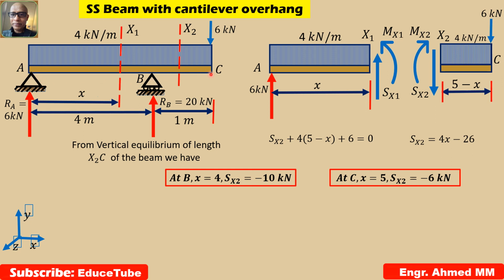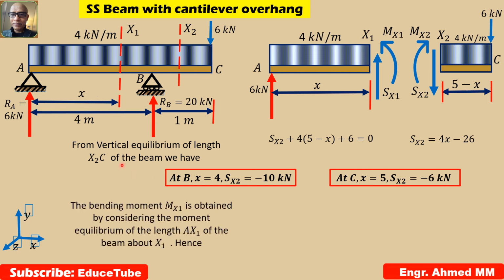Now we will concentrate on bending moments. So bending moment Mx1, it is on this A x1. So what we can write, if we take moment about x1 at this point, surely it comes as this because this is a concentrated moment.